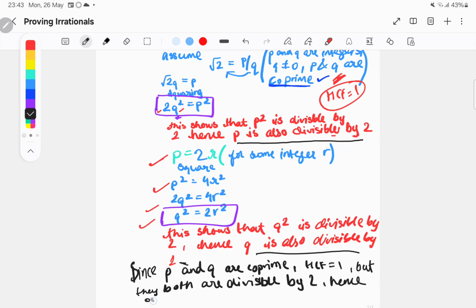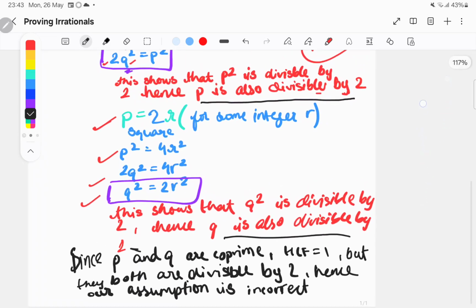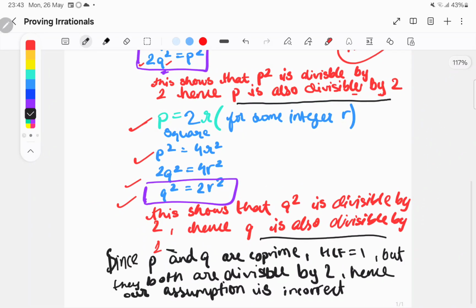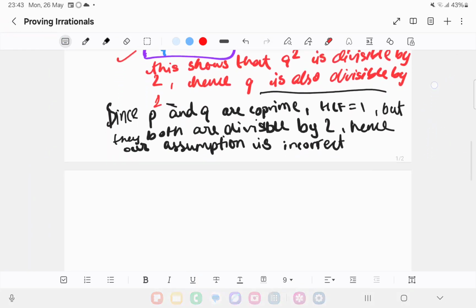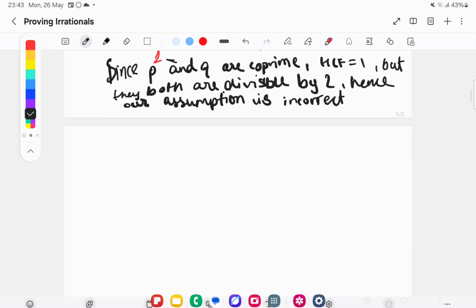Hence our assumption is incorrect. Simple. Hence our assumption is incorrect.